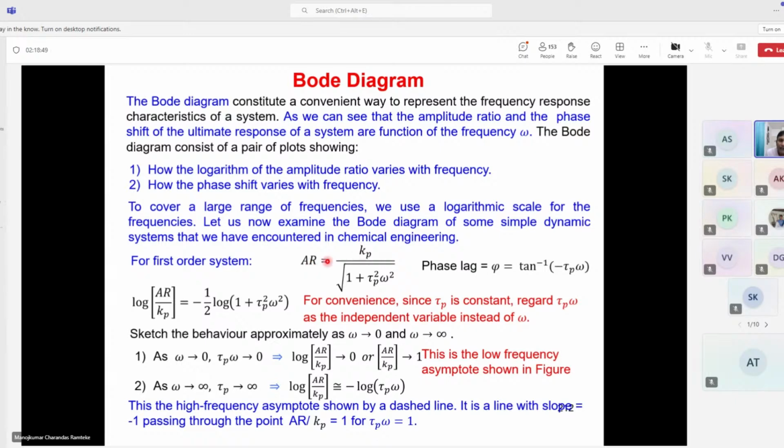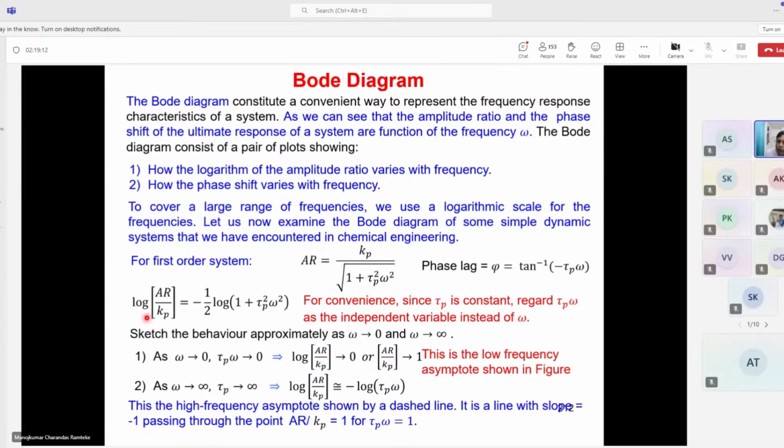Now here, I can find out AR by Kp and I can take a log of that. If I take a log of AR by Kp, what am I going to get? I'm going to get minus 1 by 2 log of, remember in this case, the log to the base 10 is there. So log of AR by Kp equals minus 1 by 2 log of 1 plus tau p square omega square.